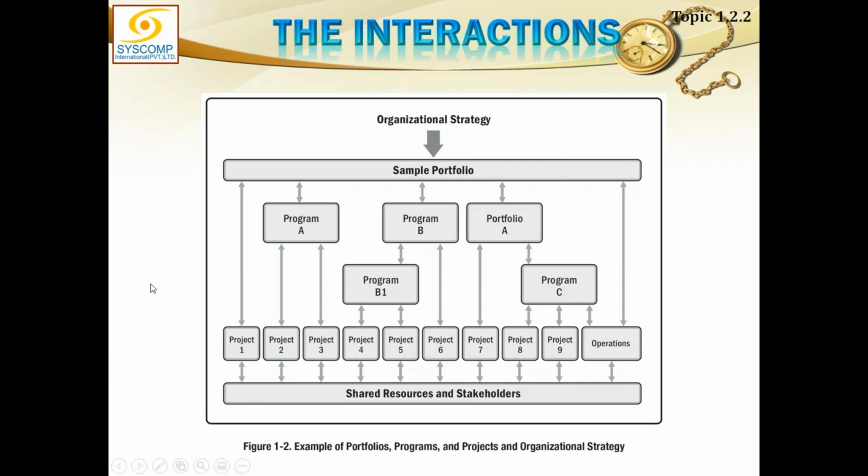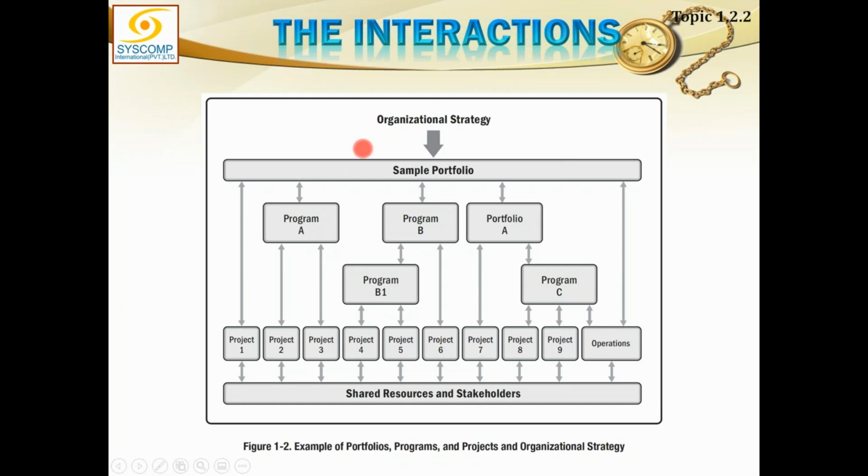This portfolio A is basically a sub-portfolio of the main portfolio, right? Program A is a program under the portfolio, and project 1 is an independent project directly hooked up to the portfolio. Why? Because project 1 is aligned directly with the organizational strategy.